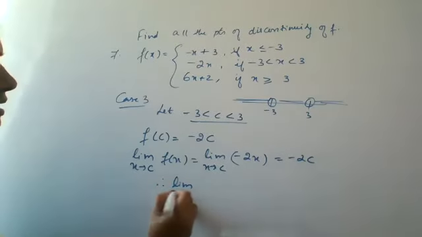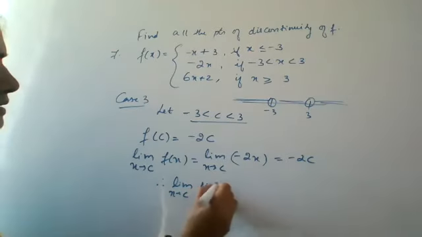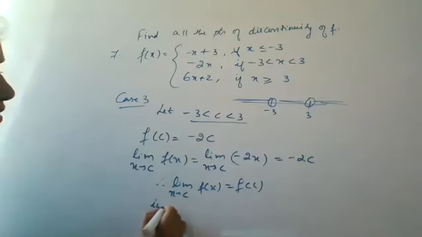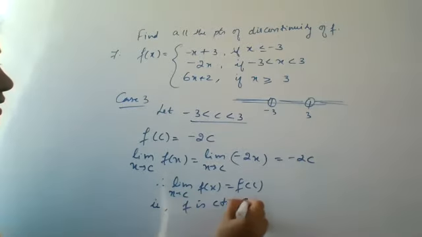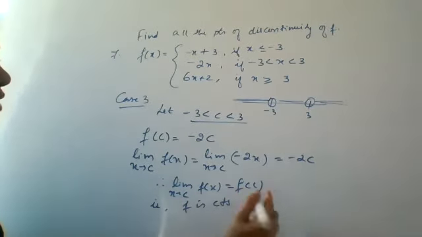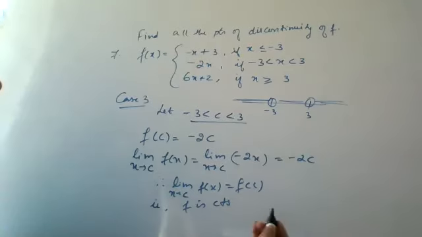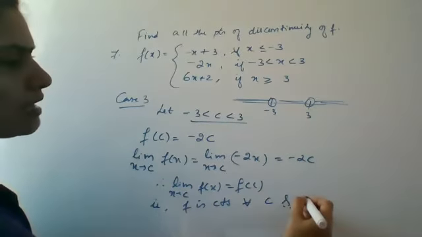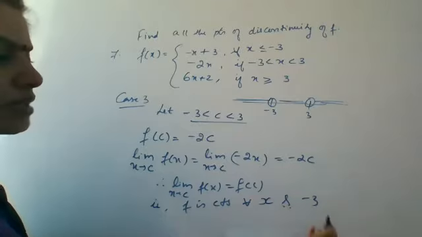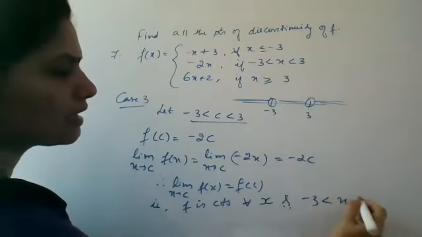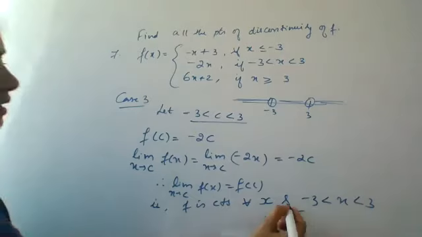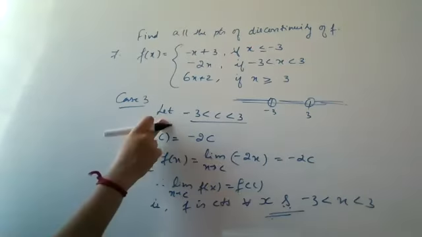Therefore limit x tends to C, f of x is giving you f of C. Hence, you can say that f is continuous for all C such that, or you can say for all x also, such that minus 3 less than x less than 3. Okay. This is your third case.